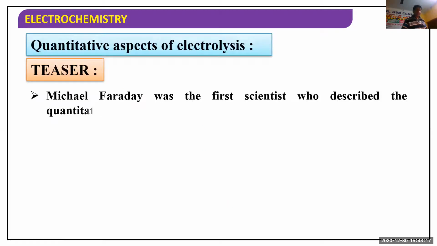Quantitative aspects of electrolysis. Quantitative means we can measure the amount of material deposited on cathode or anode.